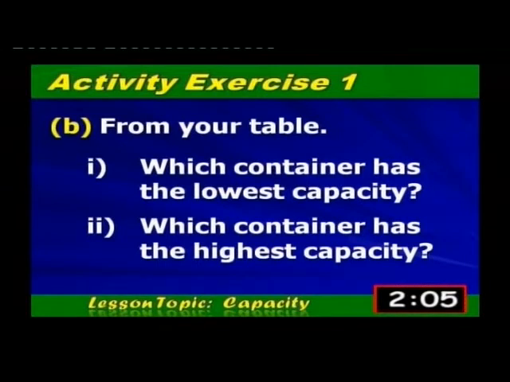From your table, you find out which one has the lowest capacity from the containers that you have recorded. And find which container, or name the container, that has the largest amount of liquid or highest capacity.